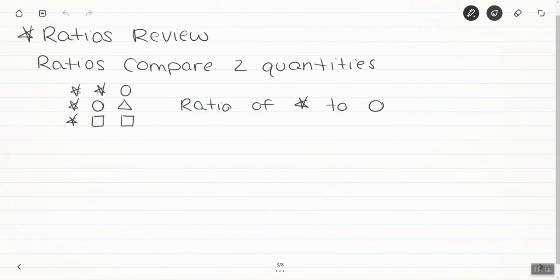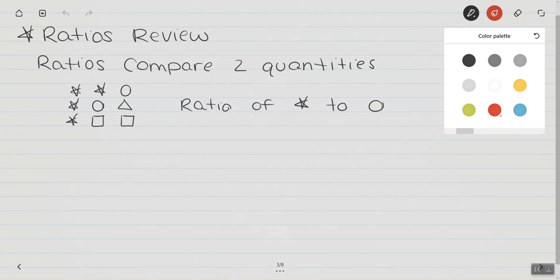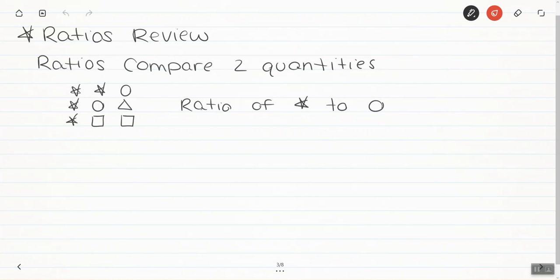So ratios compare two different quantities. And looking at the example that we have there, we have stars, circles, squares, and triangles, and it's asking for the ratios of stars to circles. So stars have to come first, and circles have to come second because stars is first in the problem.